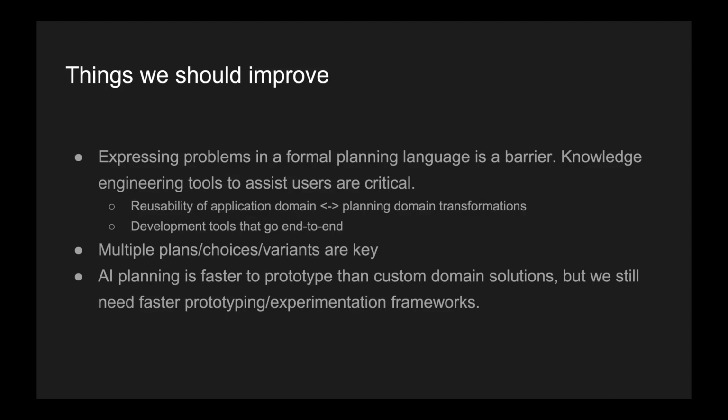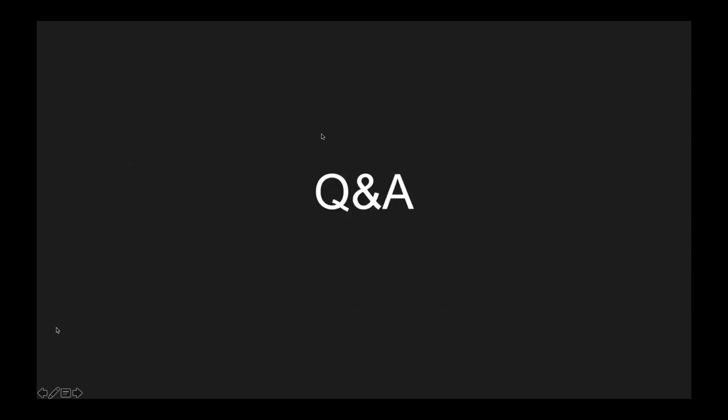And we need something conceptually akin to that, we believe, for the planning world as well. So take these as our opinions of where work is needed in this space. I'm sure there are many others, but also take this in the context of the good news: there are a lot of hard problems that are solved with planning, but there are also things that we can work on. Let me stop there and see if there are any final questions.